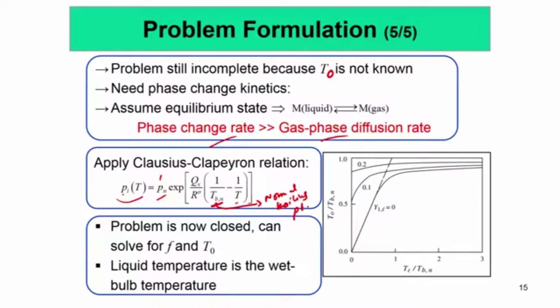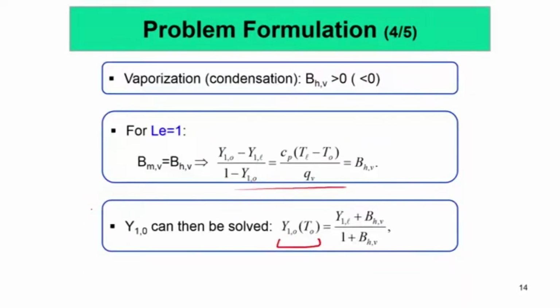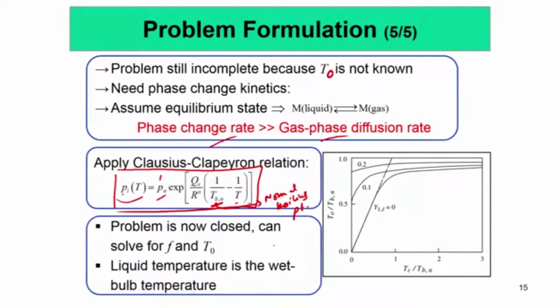Then you can convert this partial pressure into mole fraction, and from mole fraction you can get to mass fraction. Using these two relations simultaneously, one can iteratively solve and find F and T_0 together, and the liquid temperature so found is the wet bulb temperature.